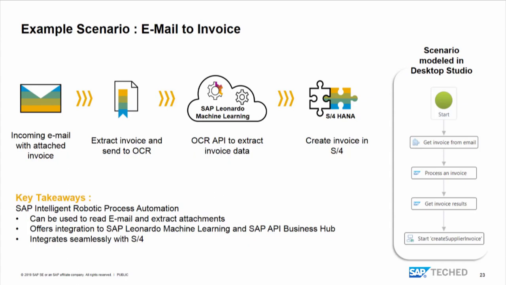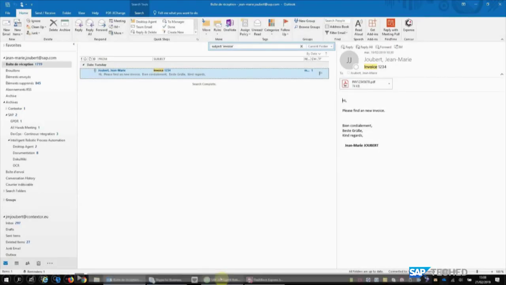Then with structured data, the RPA can, for example, create the invoice in SAP S4, SAP GUI, or any other application. So here you have a mix of RPA plus machine learning, and the RPA, again, is the arms that can make them work together. Let's see that in action.